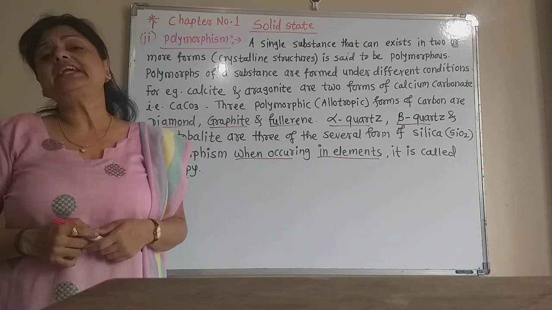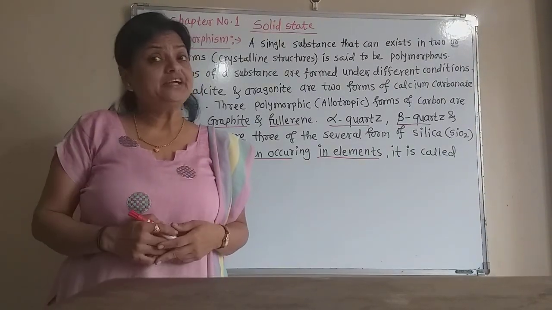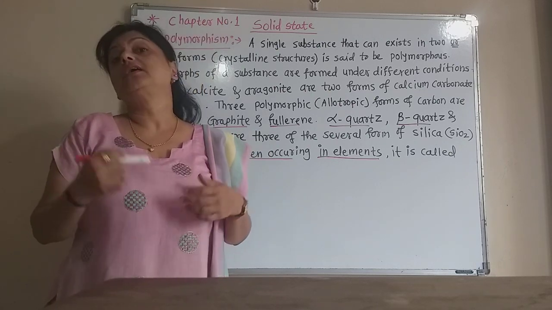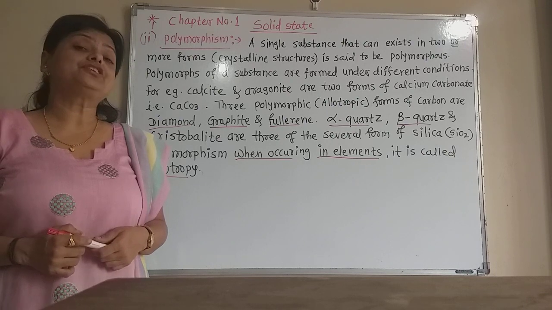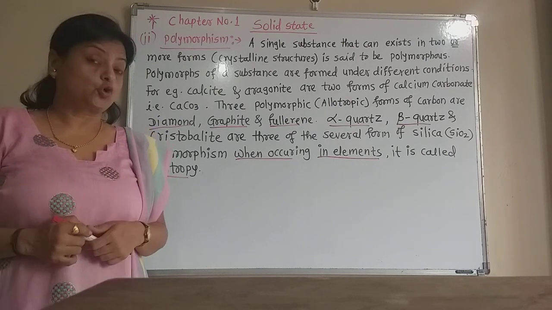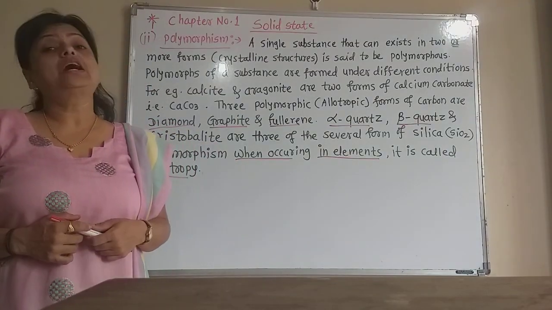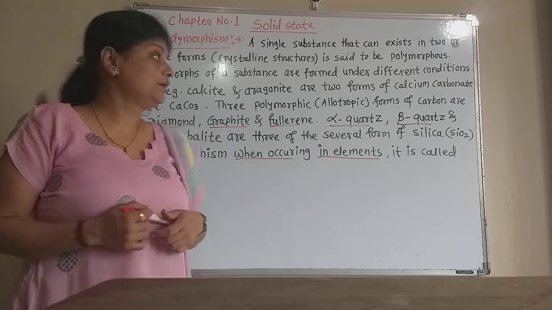All these three different forms of carbon are formed under different conditions. So they are the polymorphs of carbon. But if they are in the elemental condition, they are also called allotropes. And if the different structures are of compounds, then they are called polymorphs.